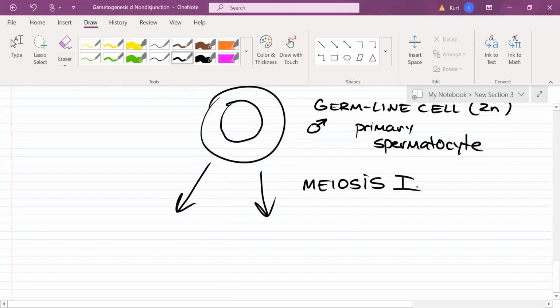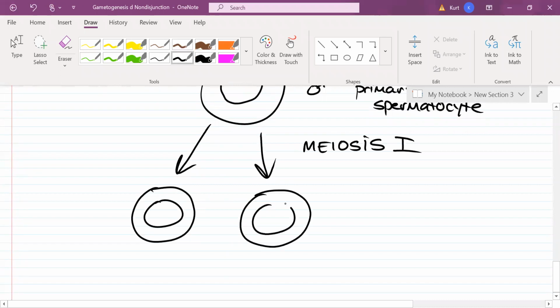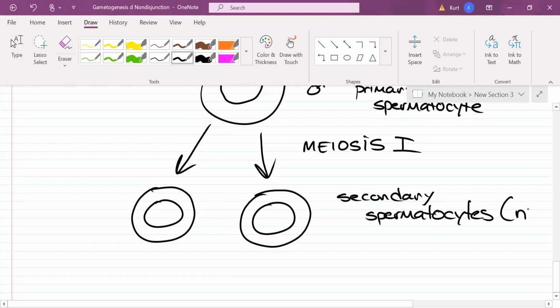This is called meiosis 1. You now have 2 haploid cells. These are called secondary spermatocytes. They are haploid.